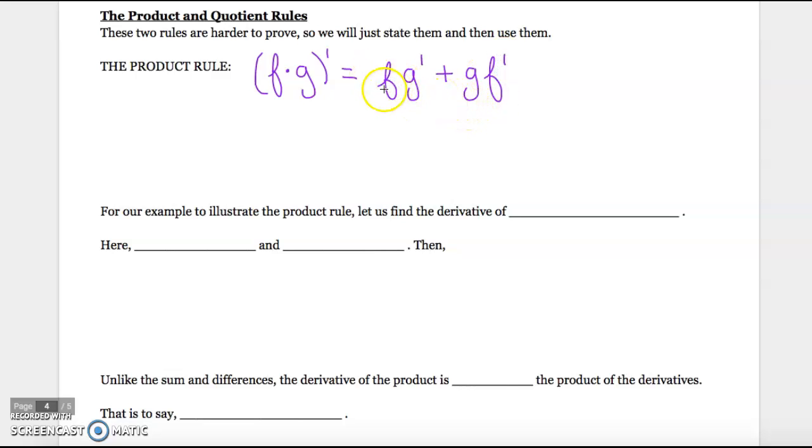So you basically take your first function times the derivative of your second function plus your second function times the derivative of your first function.